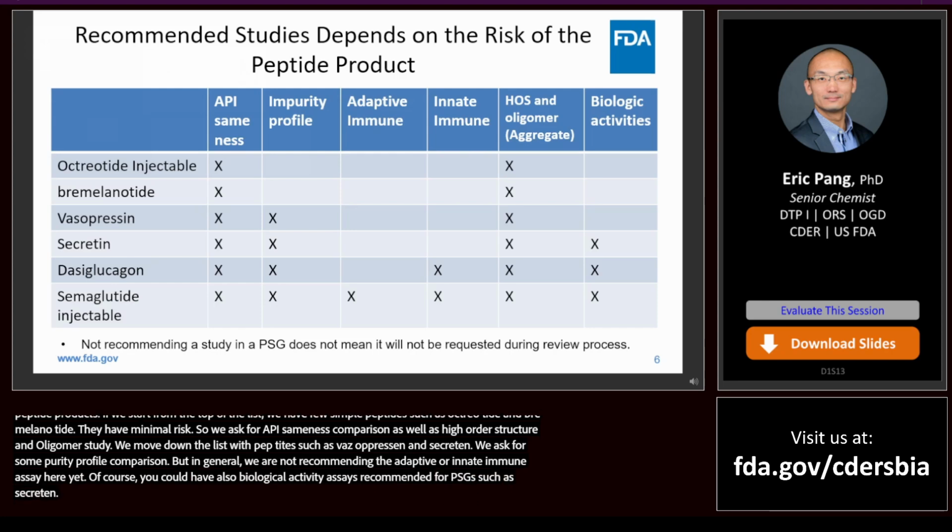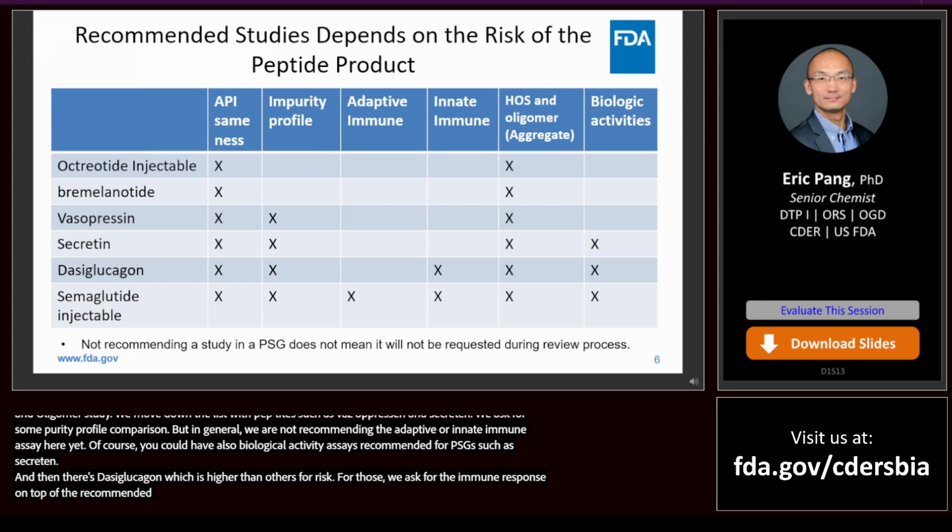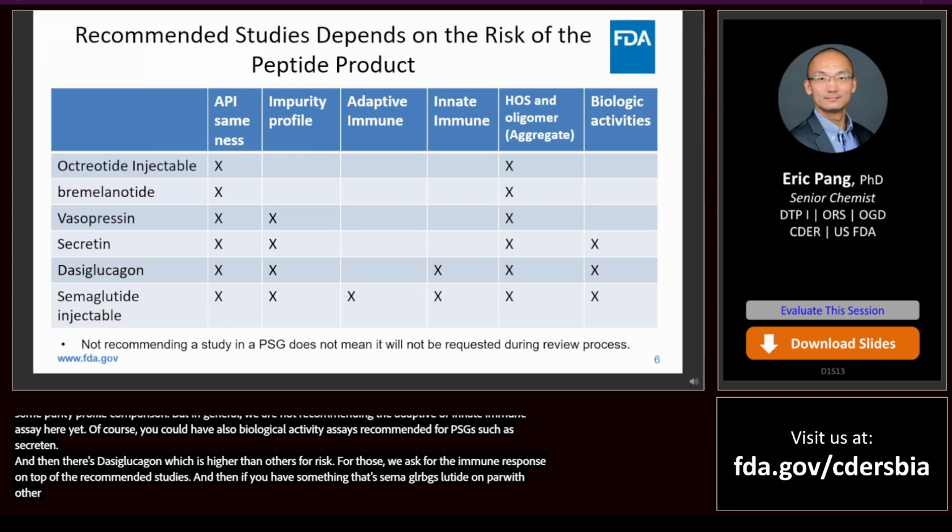And then there's dasiglucagon, which is slightly higher above these other peptides when it comes to risk. So for those, we will ask for innate immune response on top of the recommended studies. And then if you have something like semaglutide, pretty much on par with the other 5 peptides that are outlined in the synthetic peptide guidance when it comes to risk, we'll recommend all of these studies that are described in the synthetic peptide guidance.